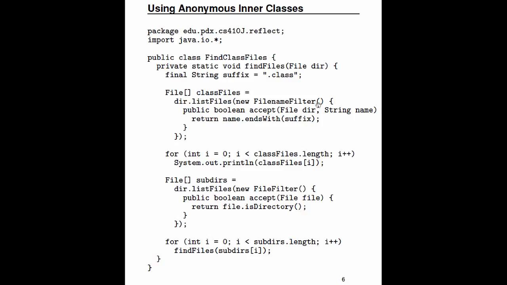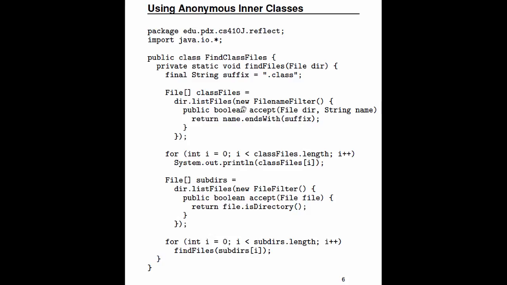What this new FileNameFilter does is create an anonymous implementation of the FileNameFilter, so an anonymous inner class that implements the FileNameFilter interface. And because it implements FileNameFilter, it has to provide an accept method that takes a File and a String. So that's the declaration of this method right here.